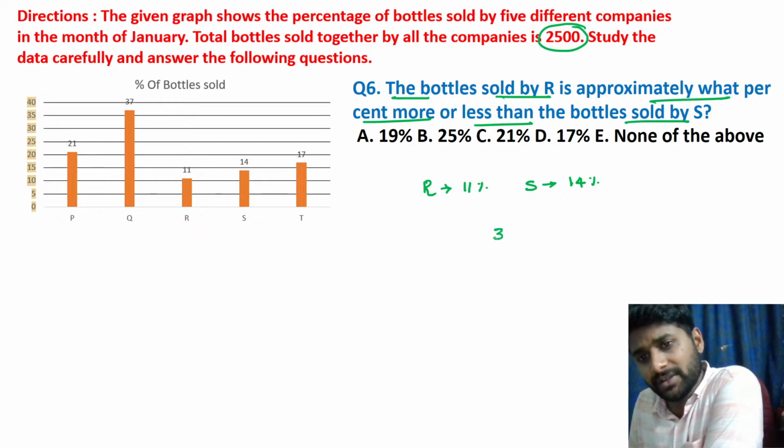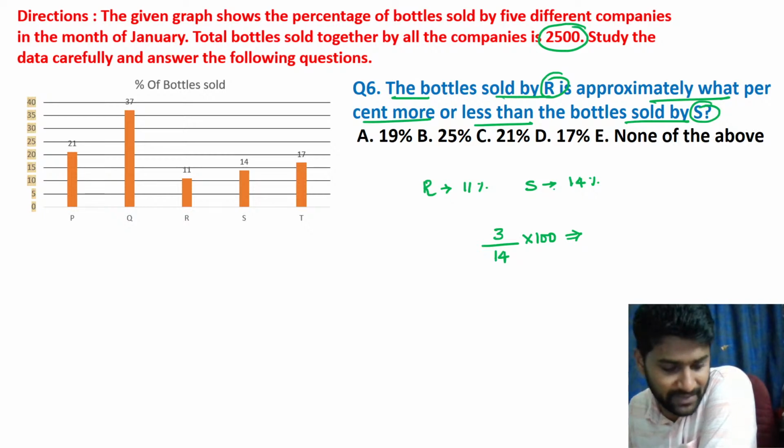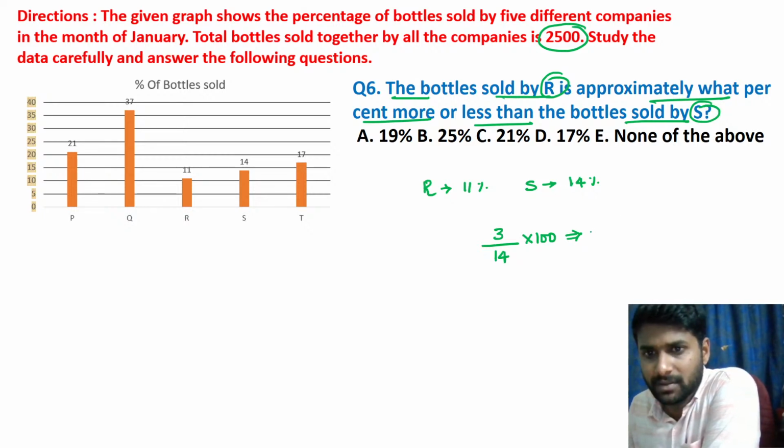See, it is 3 percentage less when compared to the 14 percentage, into 100. So you have to identify that approximate value. Here the R value is 11 percentage and S value is 14 percentage. 11 is less than 14 by 3 units, and you can cancel here 7 times, here 50 times.